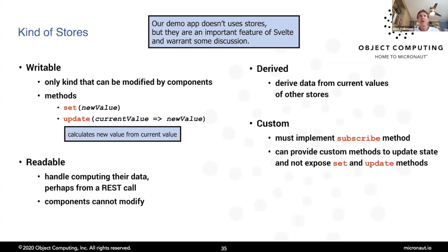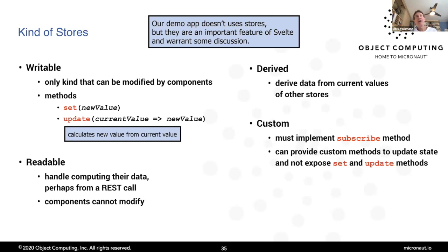A derived store says, I want to take values from multiple stores and combine them in some way. Maybe there's a formula that I use to calculate the value of the derived store from other ones. And then a custom store lets me customize the API for getting to the store. So if you think about a writable store that's going to hold a counter, for example, if I set that up, now any of my components can set the value to anything they want.